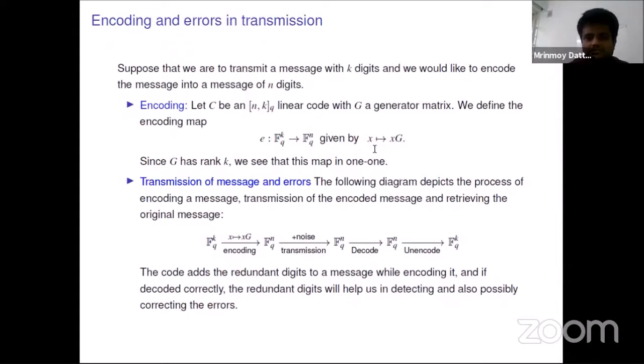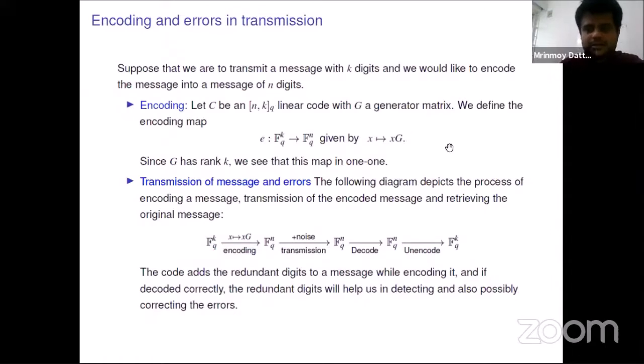So you take a row vector x1, x2, up to xk, and you send it to x1, x2, up to xk times G. You see that this x is a row vector, so this is a 1 by k vector, and G is a k by n matrix.